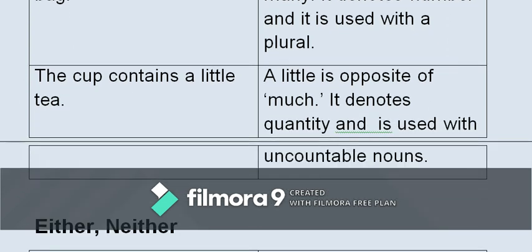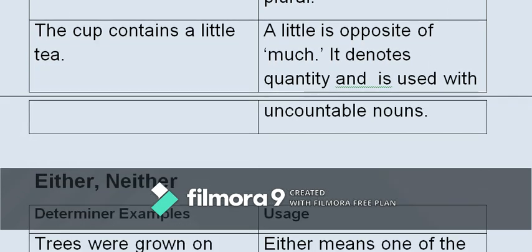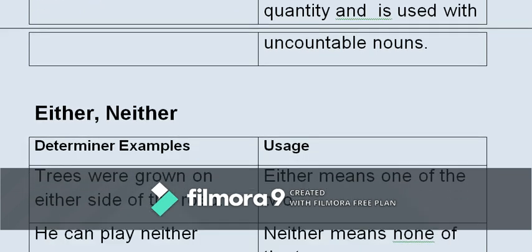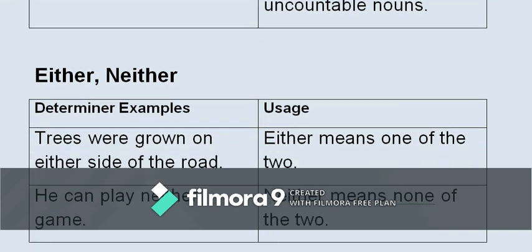Moving further, the examples that we have are either and neither. They are used alone as standalone words. Let us see. Trees were grown on either side of the road. You can pronounce the words as either and either, neither and neither. That is the difference between UK and American English.